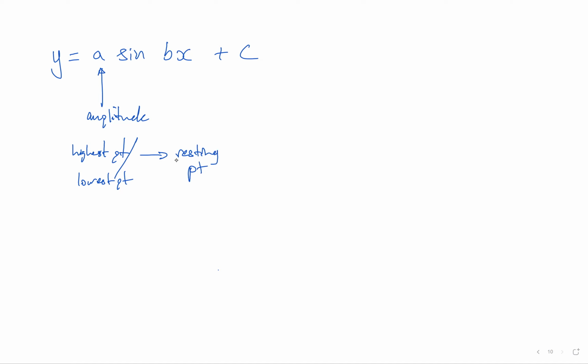Now, b refers to period. How many cycles? A simple gauge is that when b is greater than 1, it means you have more cycles within 360.